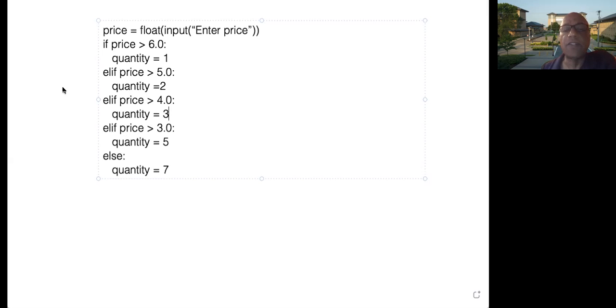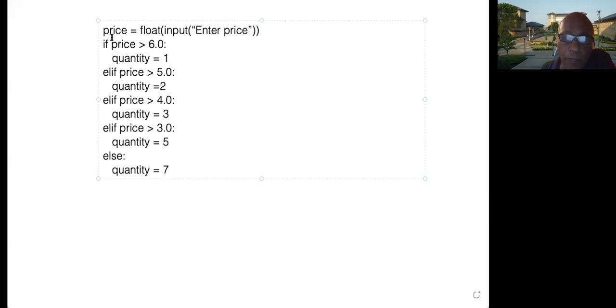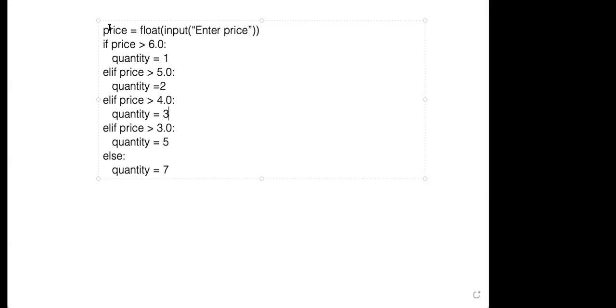What if price is 3.5? Suppose we get 3.5 here. What will happen? If price was 4.5, the first two will be false, but the third one will be true, the quantity will be set to 3, and the rest will be ignored. Price is 3.5. The first two are false. This is false.